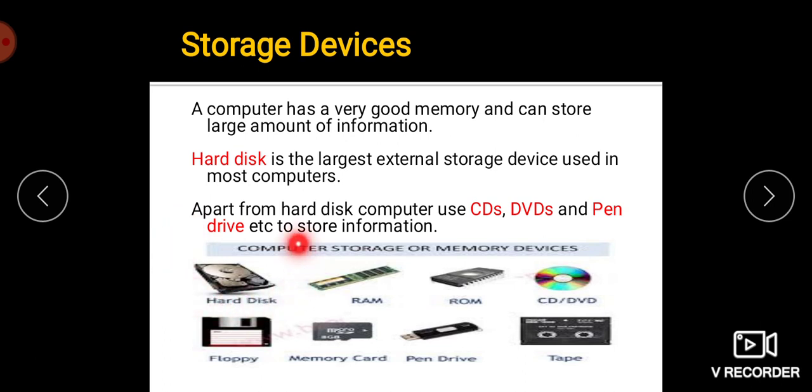First picture is of hard disk, second is of RAM, third is of ROM, fourth is of CD or DVD, fifth one is of floppy disk, sixth is memory card, seventh is pen drive, and eighth is magnetic tape. So these are some examples of external storage devices.